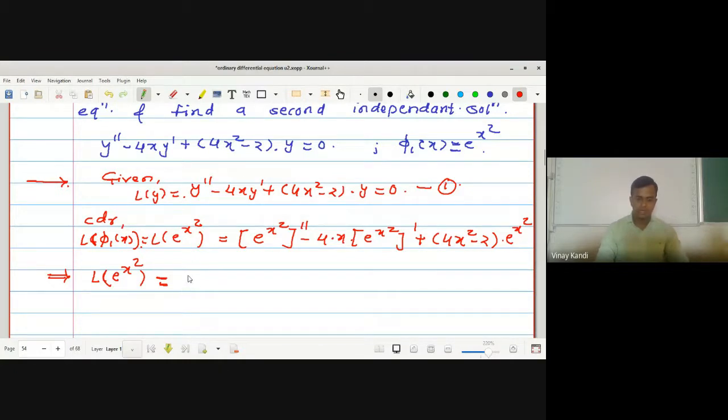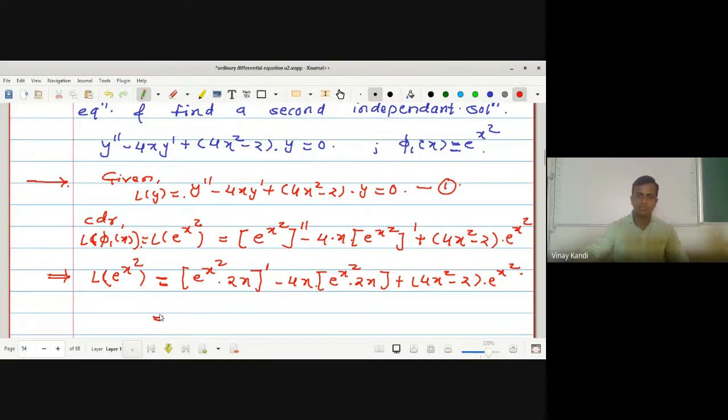So we have this one: e raised to x square into 2x, this is the first derivative, minus 4x into e raised to x square into 2x, plus (4x square minus 2) into e raised to x square.